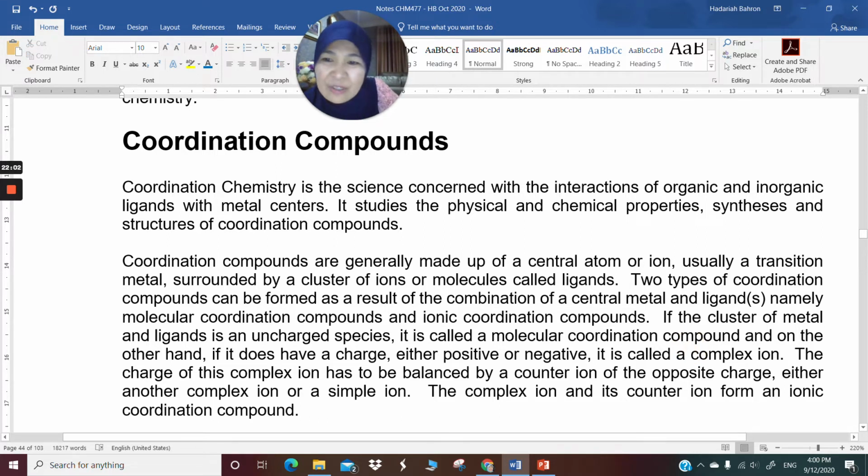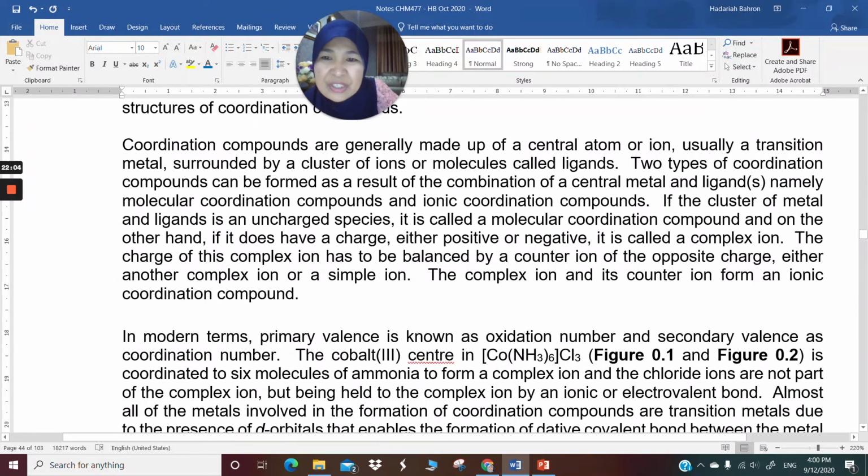If the cluster of metal and ligand is an uncharged species, it is called a molecular coordination compound. If it does have a charge, either positive or negative, it is called a complex ion. The charge of this complex ion has to be balanced by a counter ion of the opposite charge, either another complex ion or a simple ion. The complex ion and its counter ion form an ionic coordination compound.